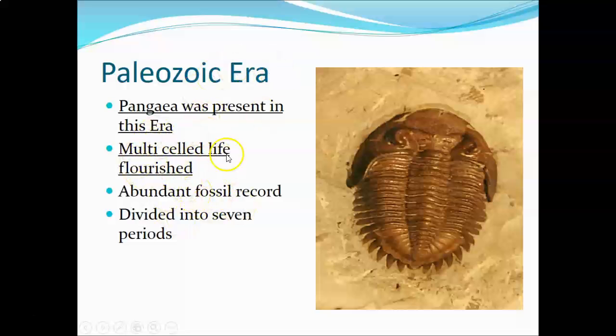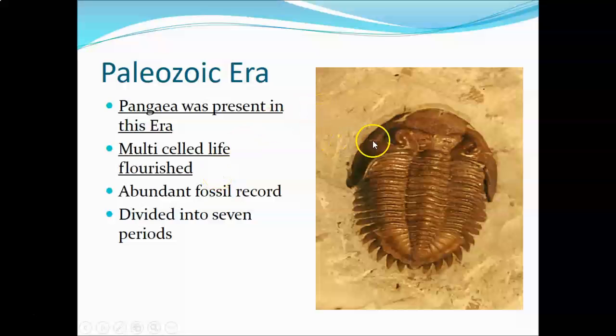The Paleozoic era is the era where finally we're starting to see multi-celled life start to flourish. So more complex organisms. This is the era of, here once again, is our trilobites. I like to call them the roly-poly of the bottom of the ocean floor. Very popular, or we can find them here in our area.